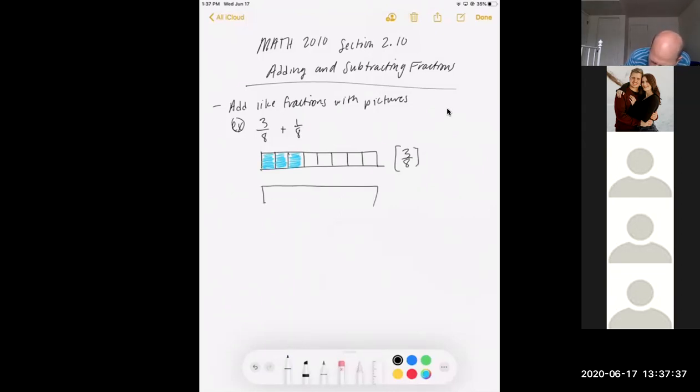This bar, I'll draw the same size because they have the same whole. 1/8 and 3/8 need to be like each other in that they have the same size whole and the same size pieces to add them together. Okay, so since they are from the same whole, we will draw the same whole like that. And they are the same size pieces. So we can go ahead and draw these pieces the same size. Okay.